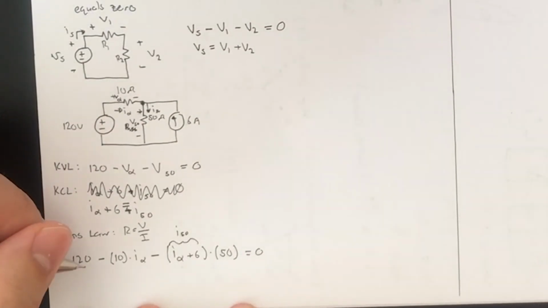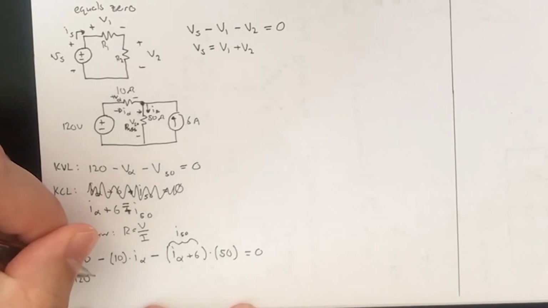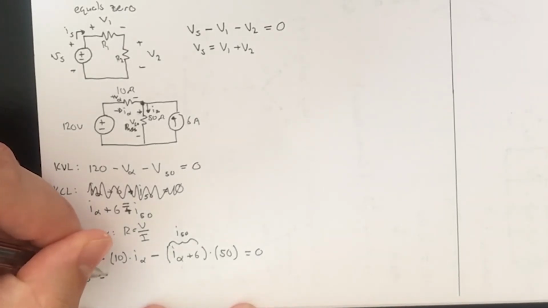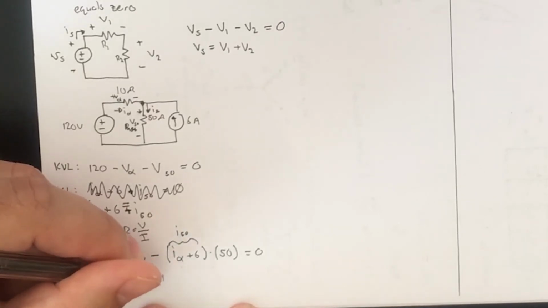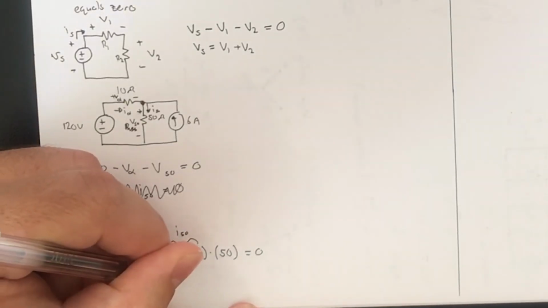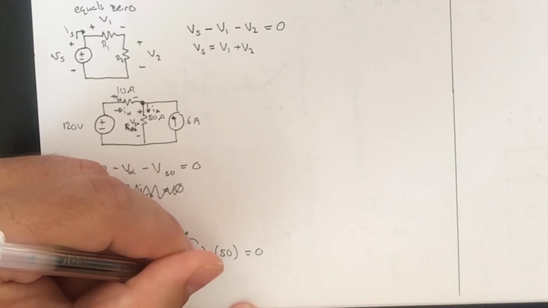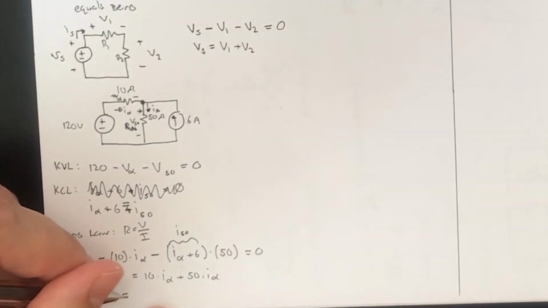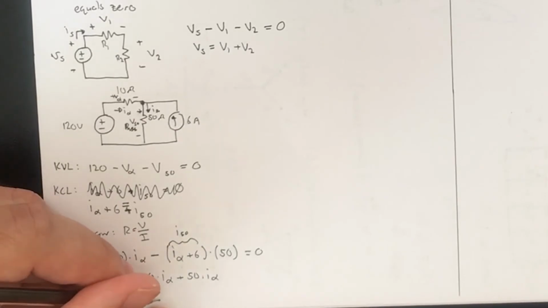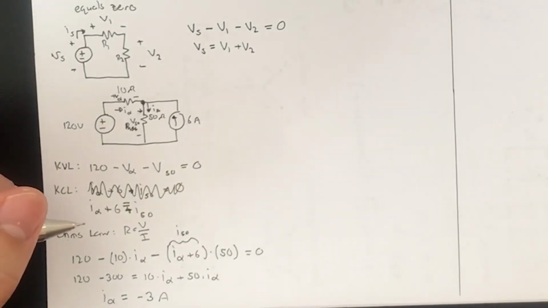From there, we can do some simple algebra. So we have 120 minus 300 equals 10 I alpha plus 50 I alpha, and then we get I alpha to be negative 3 amps.